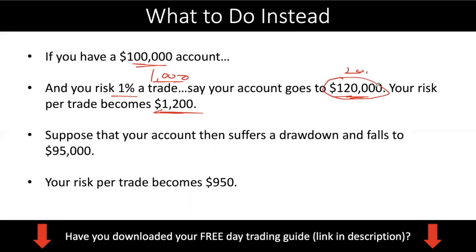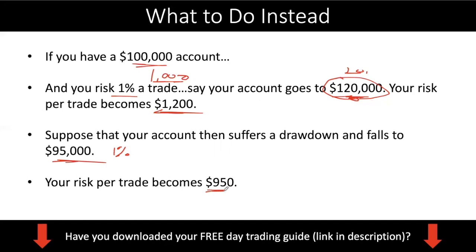Now, suppose from your $120,000 account, something happens, maybe the market conditions change and you start losing money, and you go into drawdown. So your account drops to $95,000. You are still risking 1% per trade. But in this case, because your equity now is $95,000 and not $120,000, your risk per trade becomes $950.